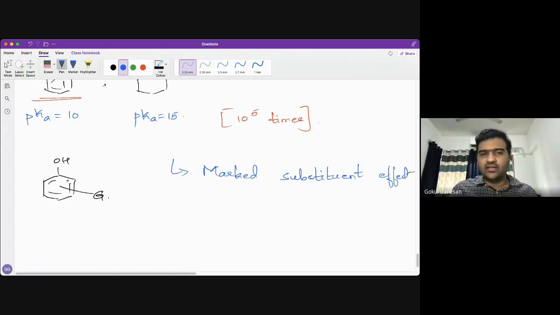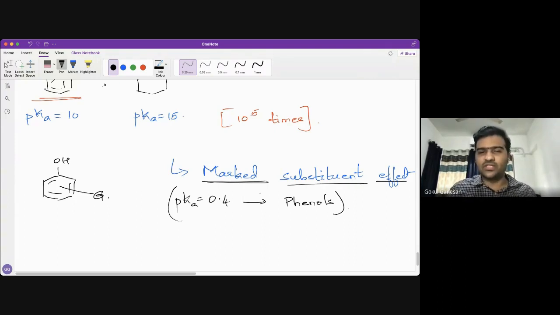Substituents can decrease the pKa value of phenol all the way even up to 0.4, which has been observed for certain phenols. This indicates that the substituent alters the acidity constant of the phenol greatly.